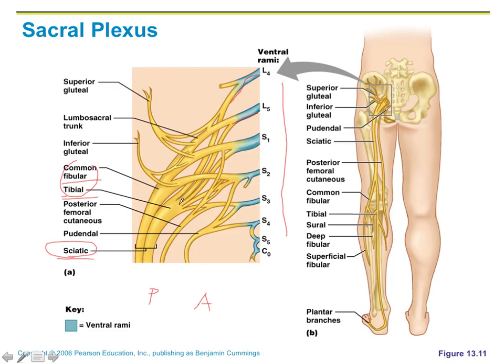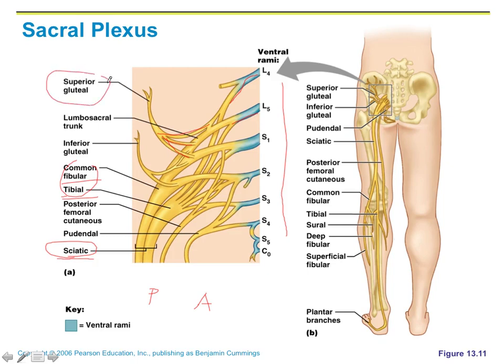And then, so we can see the L4 sends anterior branches to link with anterior branches from L5 and S1 to form another nerve.